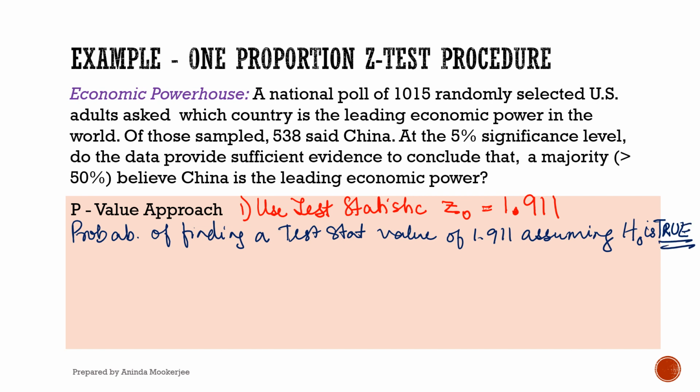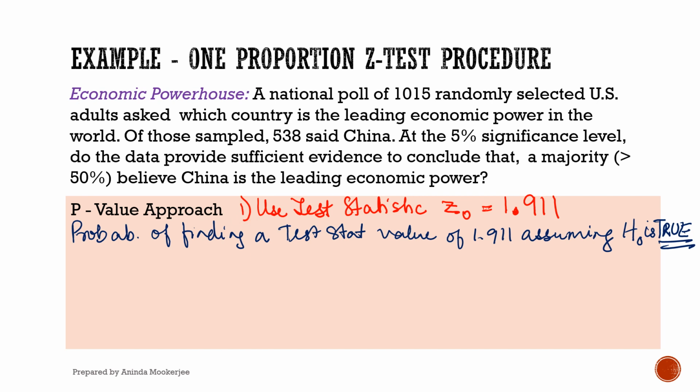What is the probability of getting evidence of 1.911, assuming that the majority of the people do not think that China is the leading power?